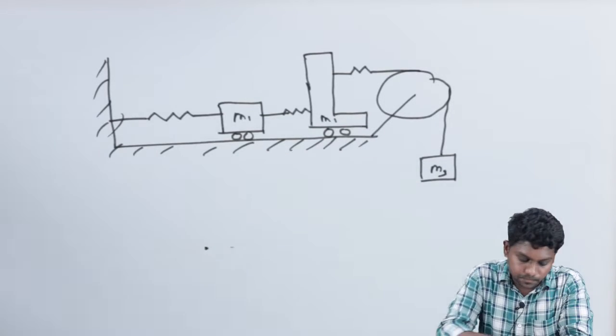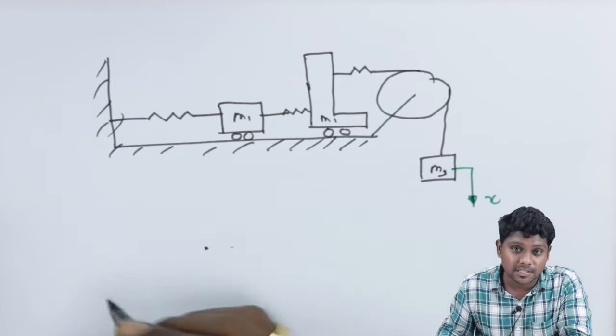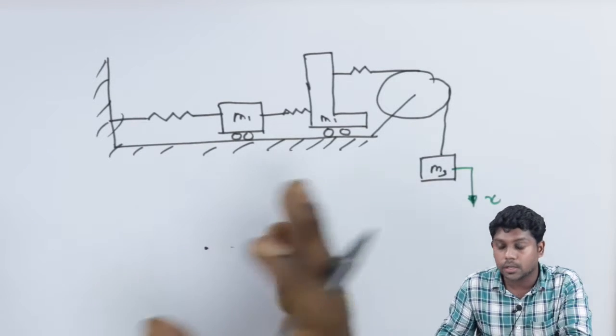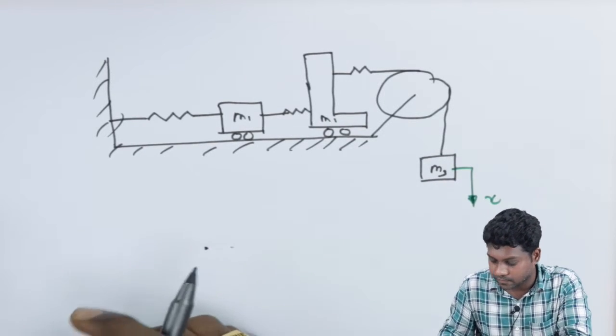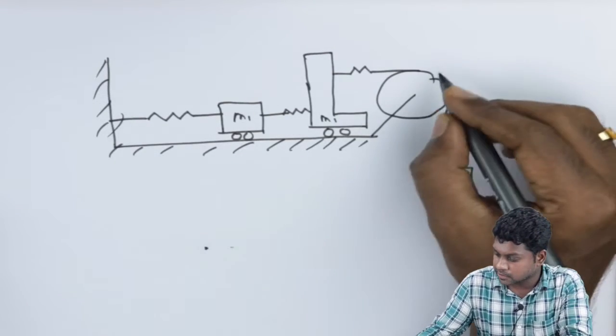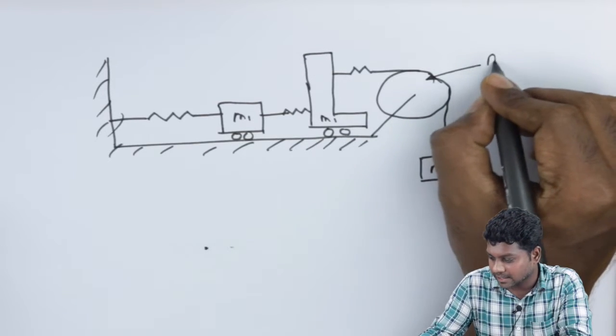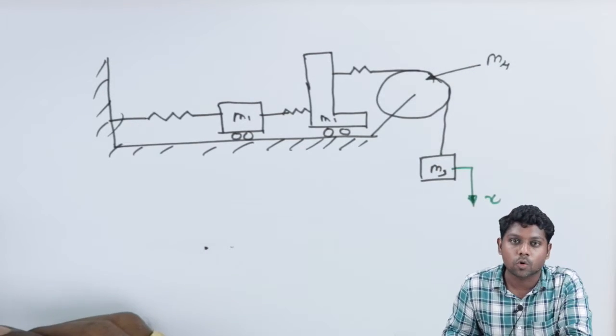Now if I pull this mass, let us say by x, what is going to be the motion? Let us understand with this example. I have failed to represent the mass of the pulley. This pulley has a certain mass. So let us take the mass of the pulley as M4.